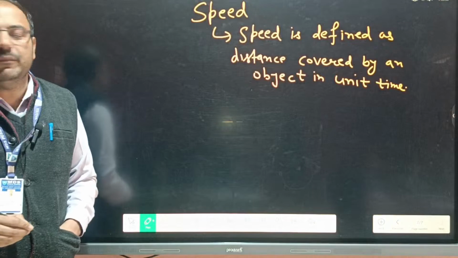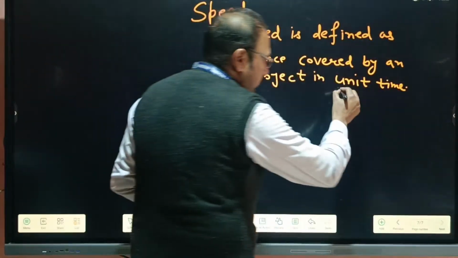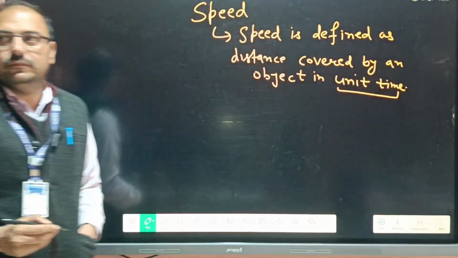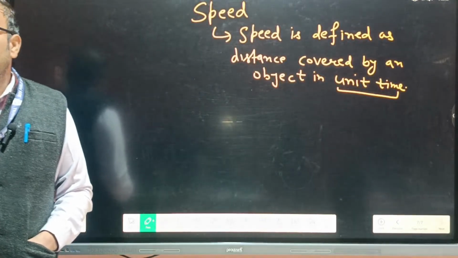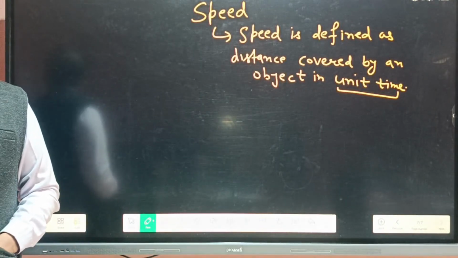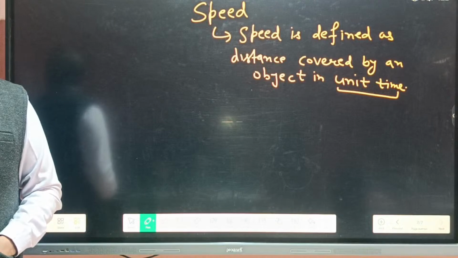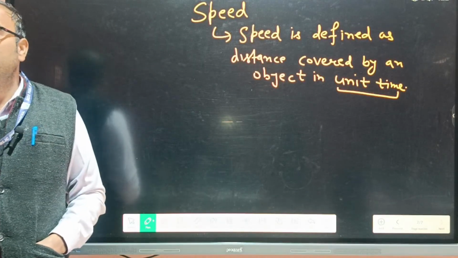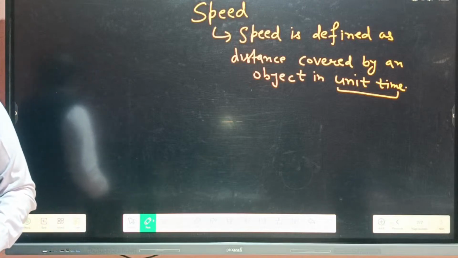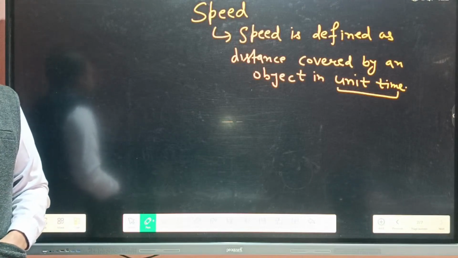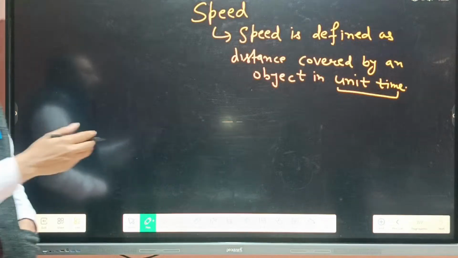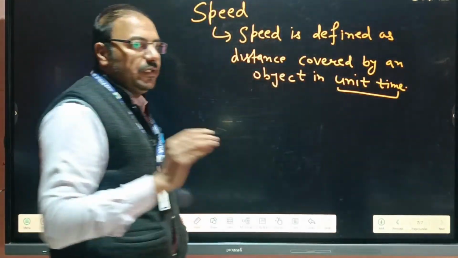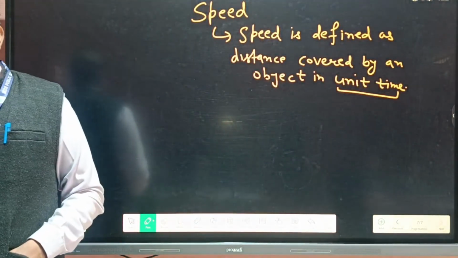Nitesh, what is the meaning of unit time? Umar? Unit time means 1 second. So we can also write here given time, but how do you measure the speed of different students?